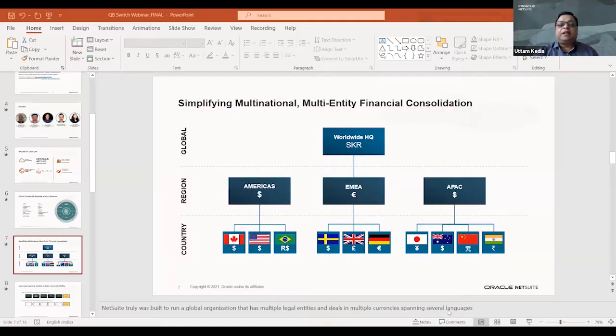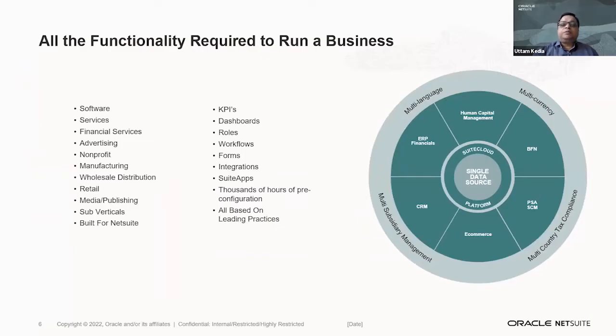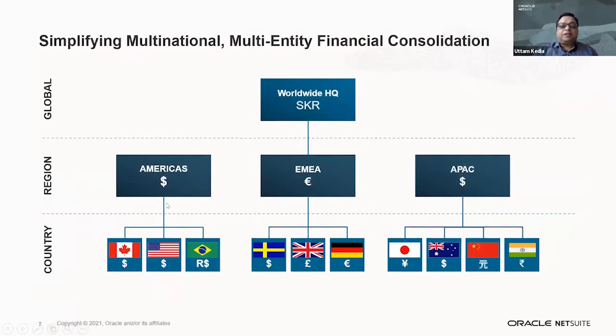Yeah, so maybe it's all about the design. NetSuite is, as we said, a solution for a multi-entity financial consolidation structure. So maybe the next slide. Yeah, thank you. So again, it's regional to global, and then there are country-specific solutions that you see.